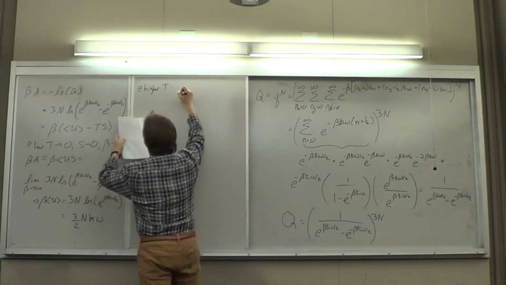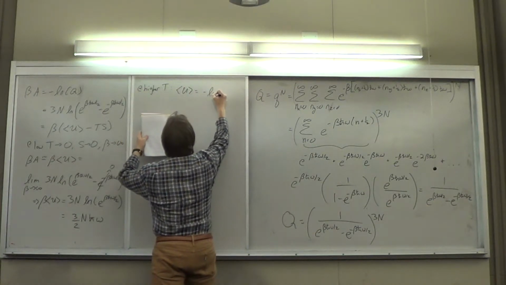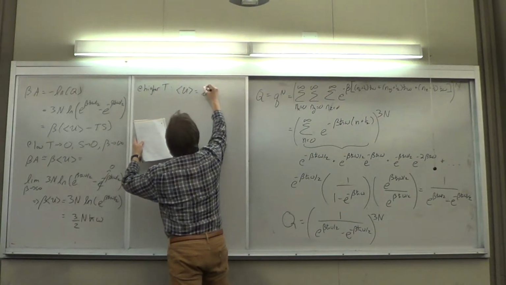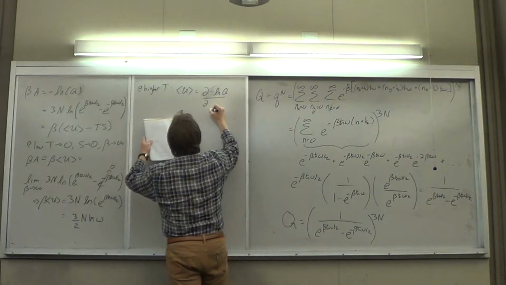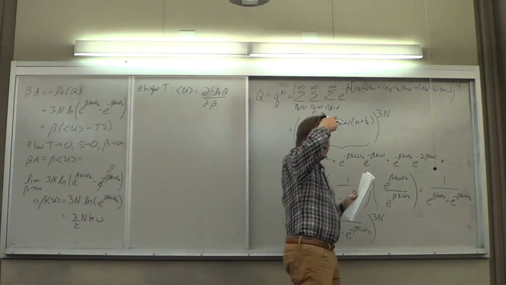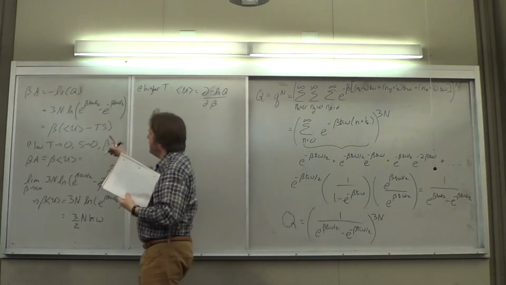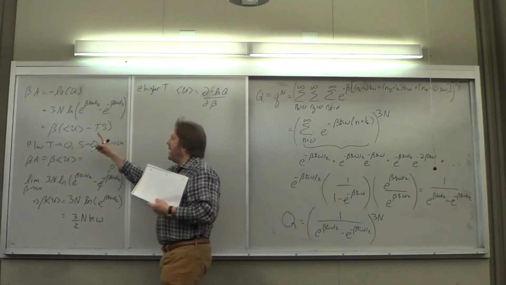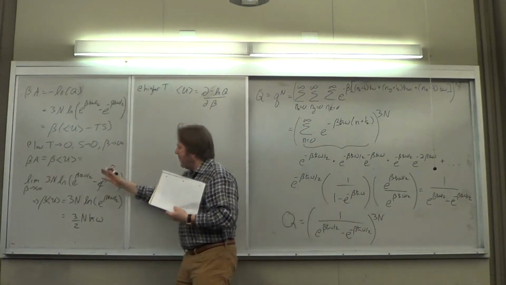And if you recall, the average internal energy is minus the derivative of ln Q with respect to beta. I've got a great formula for Helmholtz energy, but I really need internal energy because that's my heat capacity.